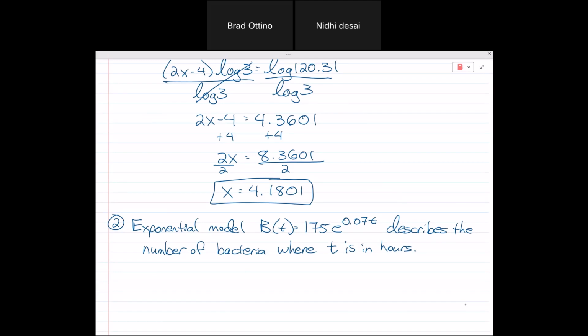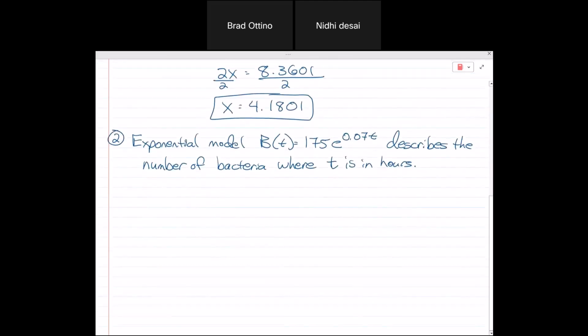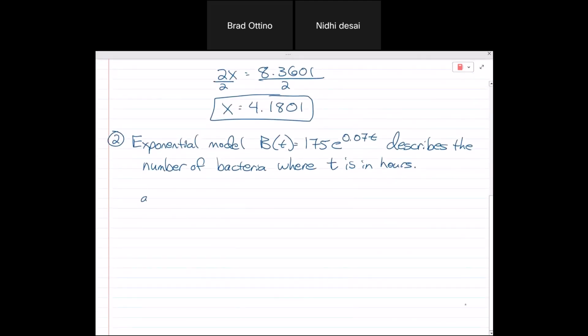And this is going to be a two-part problem. First part's going to ask you how many bacteria were present in the beginning.